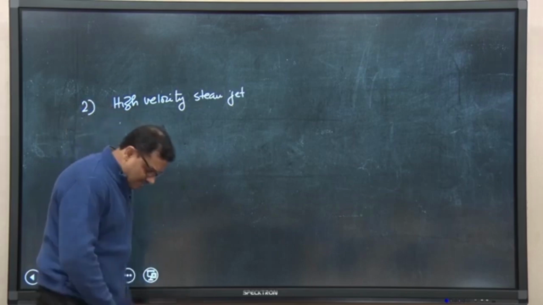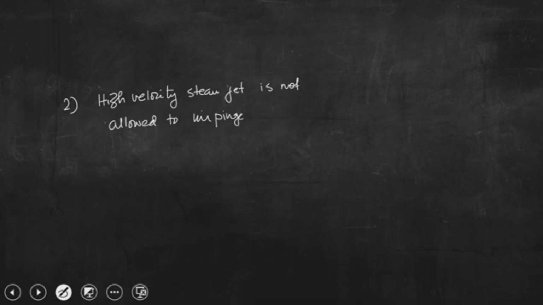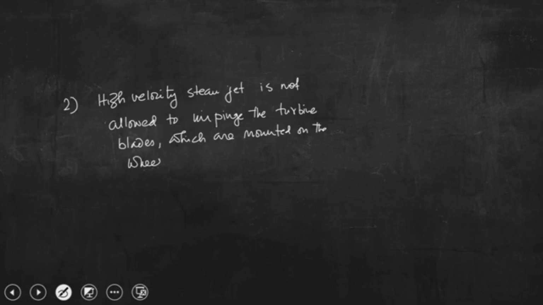So, high velocity steam jet is now allowed to impinge the turbine blades which are mounted on the wheel of the turbine.